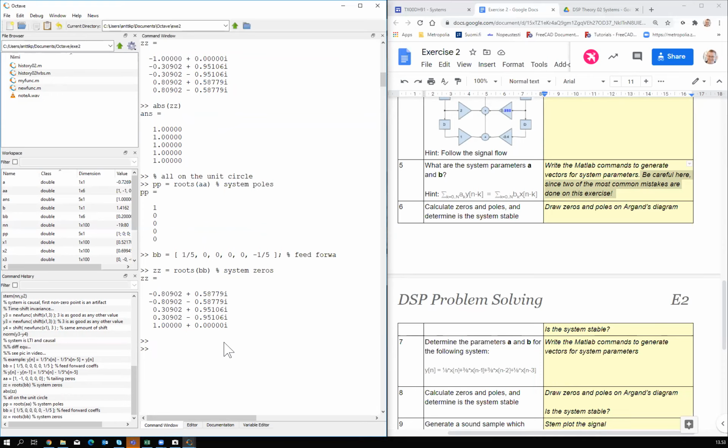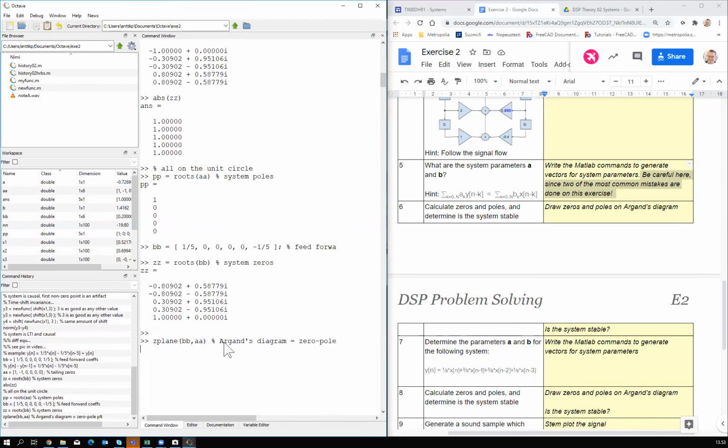So there I have zeros and poles, but they are not on the Argand diagram yet. The easiest way to calculate the Argand diagram, which is the zero pole plot. Okay, there we go.